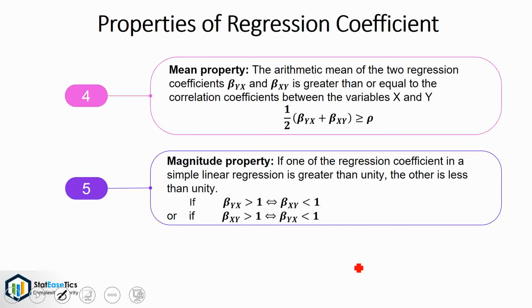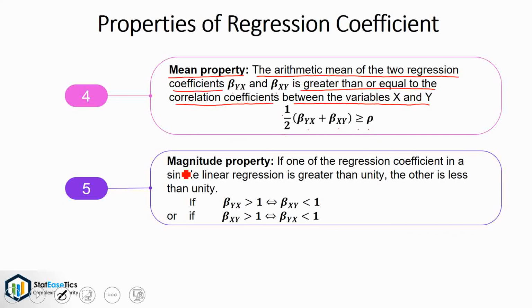The fourth property is the mean property. It tells that the arithmetic mean of the two regression coefficients beta yx and beta xy is greater than or equal to the correlation coefficient between the variables x and y, which can be written as 1 by 2 into beta yx plus beta xy is greater than or equal to rho.